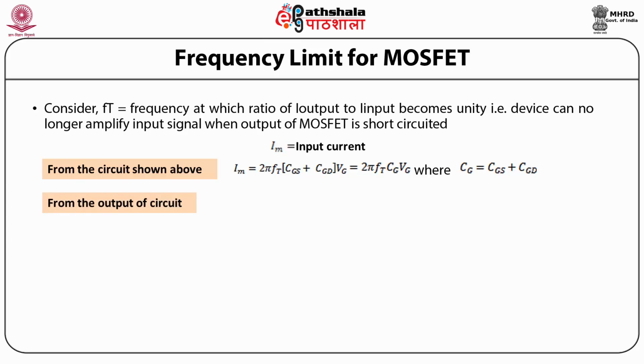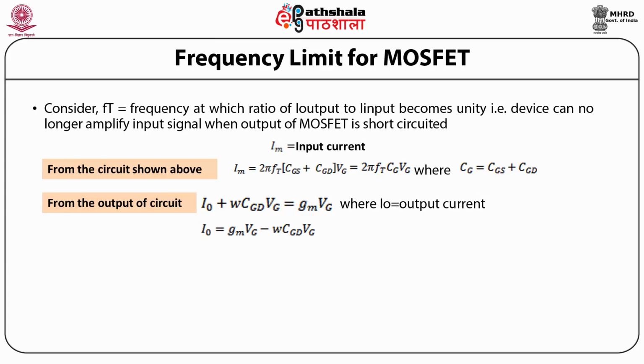From the output of the circuit, I0 plus omega CGD multiplied by Vg equals Gm Vg, where I0 is the output current as shown in this figure. So I0 equals Gm Vg minus omega CGD multiplied by Vg. Here Im is equal to I0, thus 2 pi Ft Cg Vg equals Gm Vg.